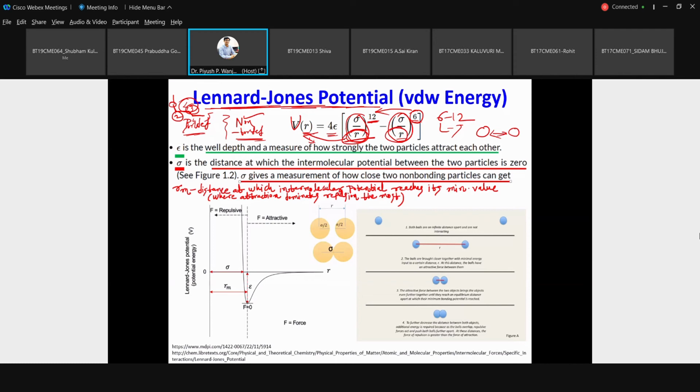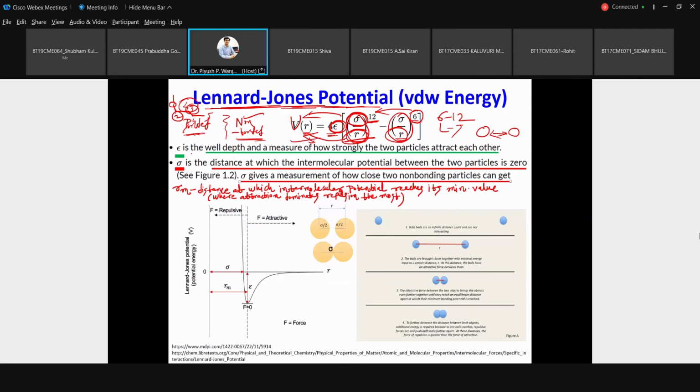These are the variables, but there are also parameters: sigma and epsilon. For any molecule, if you know only these two parameters, sigma and epsilon, then at whatever distance they are, you can calculate their van der Waals energy for any molecule in the world. So this is a very simplified formula.